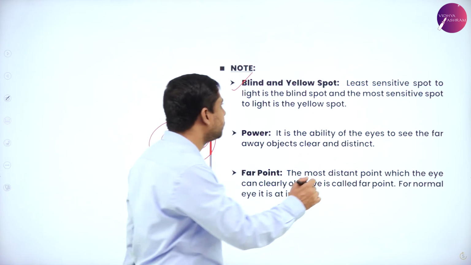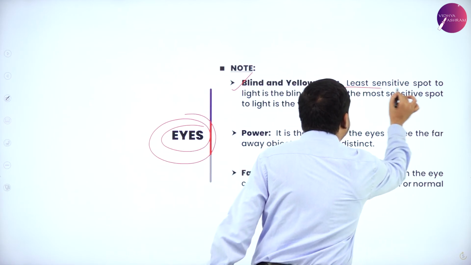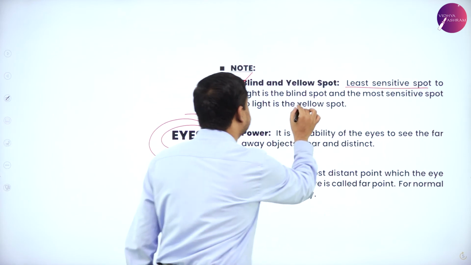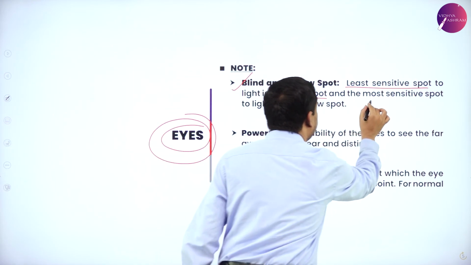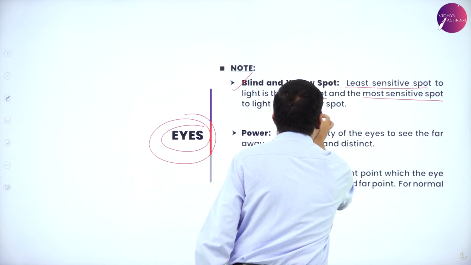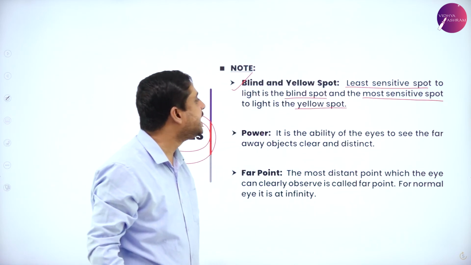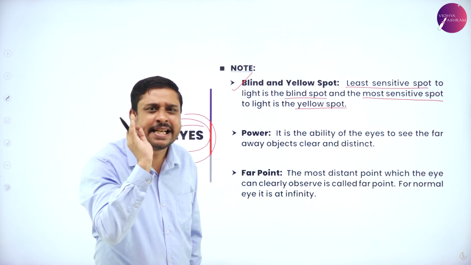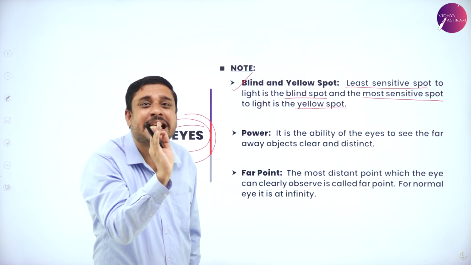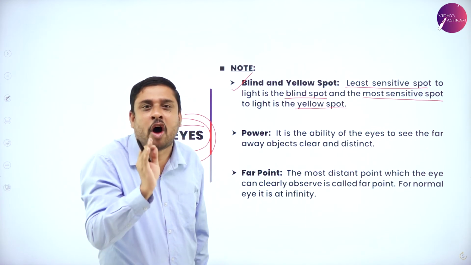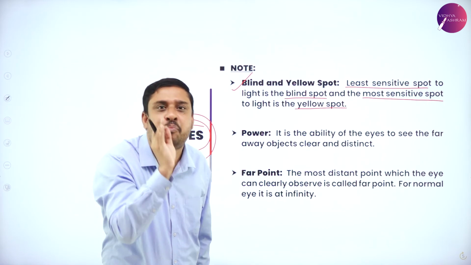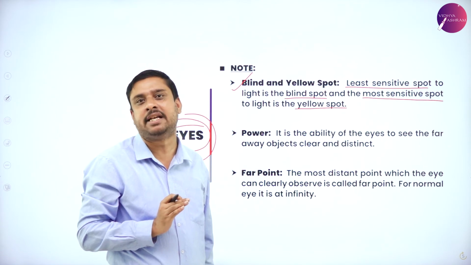We say the least sensitive spot to light is the blind spot and the most sensitive spot is the yellow spot. The blind spot is very much insensitive to light, or what we call the least sensitive point on the eye to light.